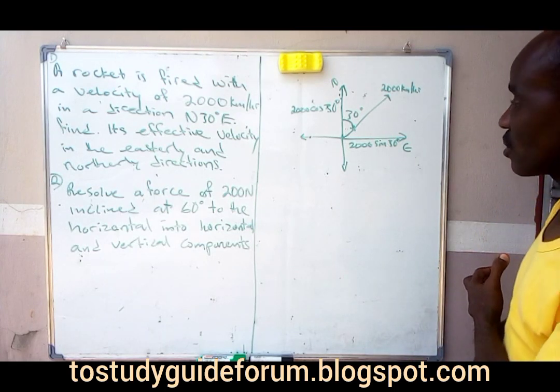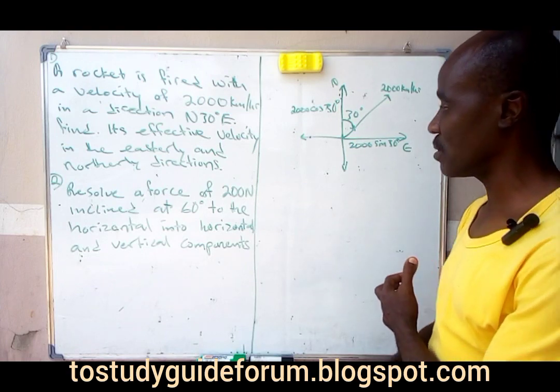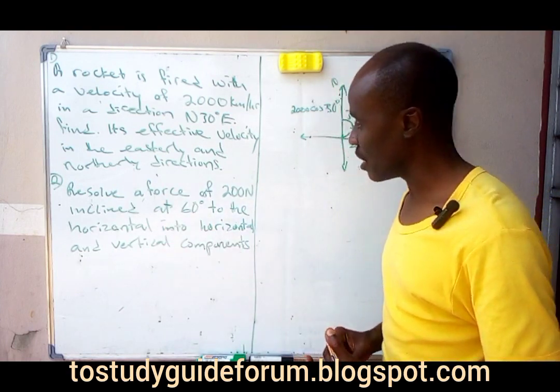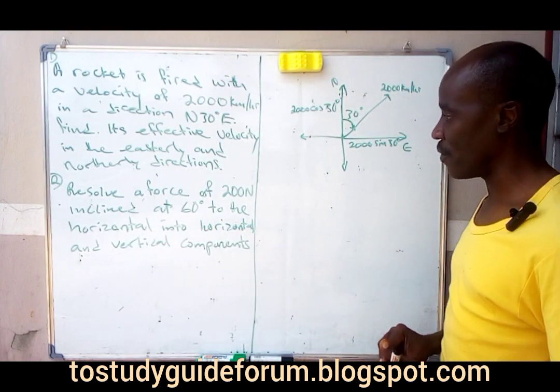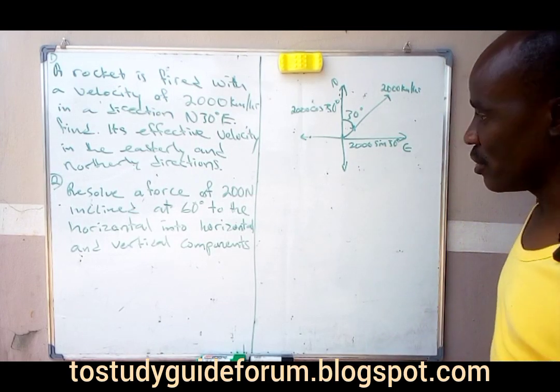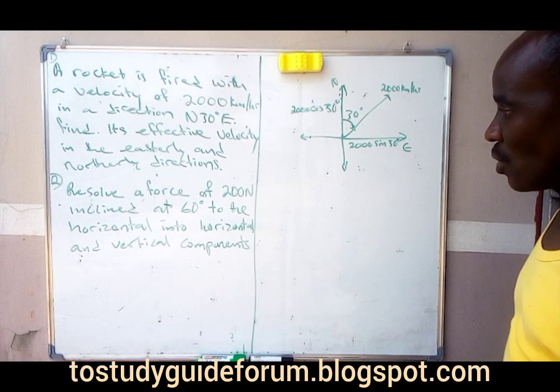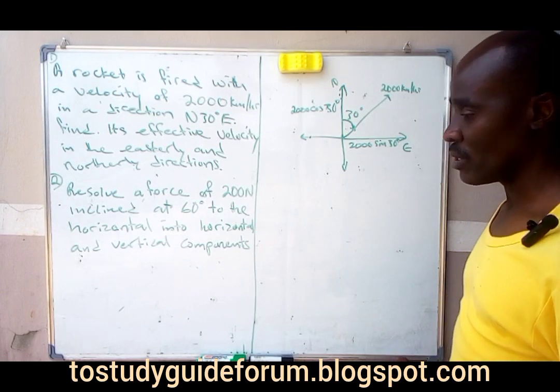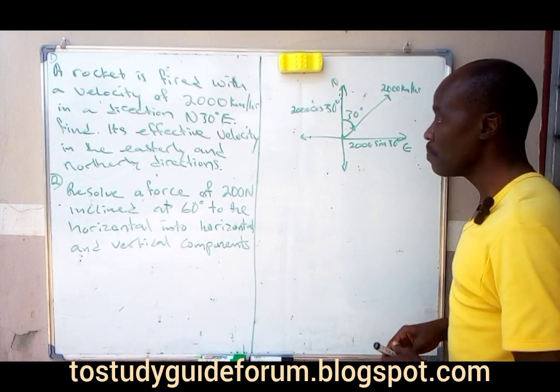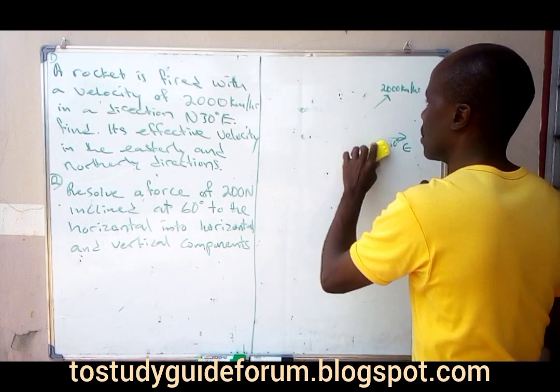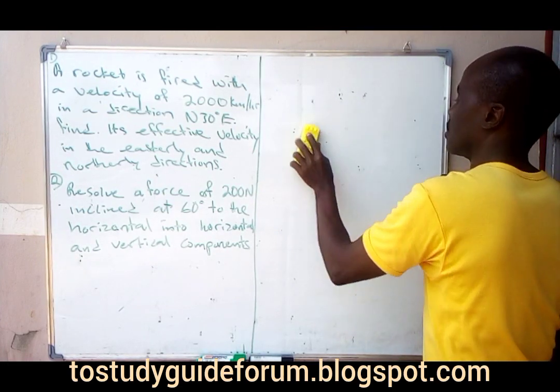So in this case, let's continue so that we will be able to finish up this in a better time. We have the next question here. Resolve a force of 200 Newton inclined at 60 degree to the horizontal into horizontal and vertical components. What we have here, we can quickly go through that.